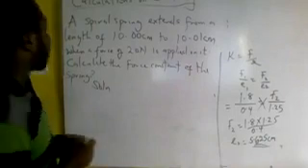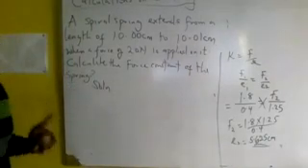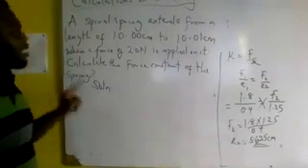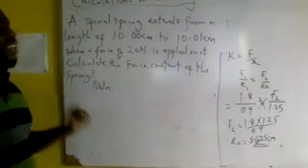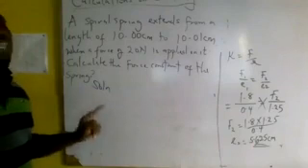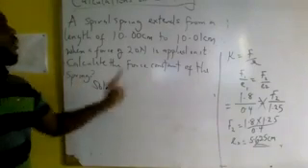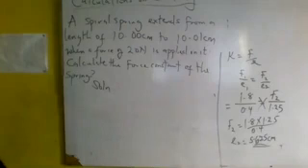So my question is this. A spiral spring extends from a length of 10 cm to 10.01 cm when a force of 20 newtons is applied on it. Calculate the force constant of the spring.